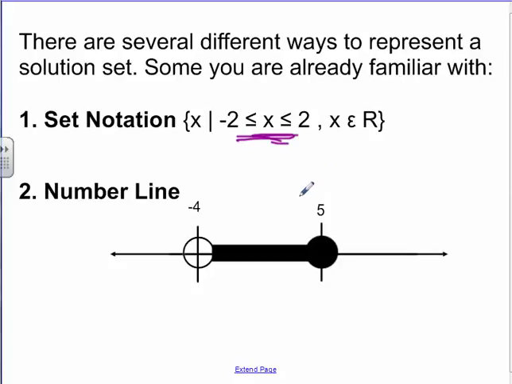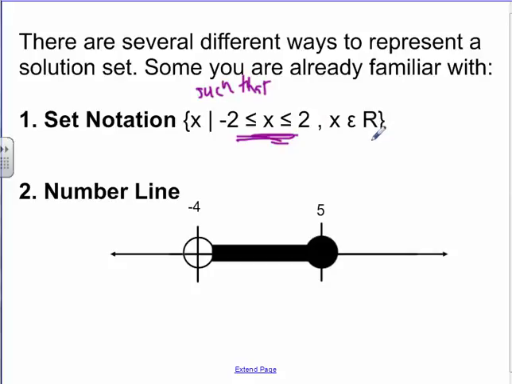But in case you want to know how this technically works, this means that your answer is x. This line is supposed to be a notation for the words such that, at least that's what I've heard it called. So this is x such that x is between and equal to -2 to 2, with the restriction that x better be a real number.